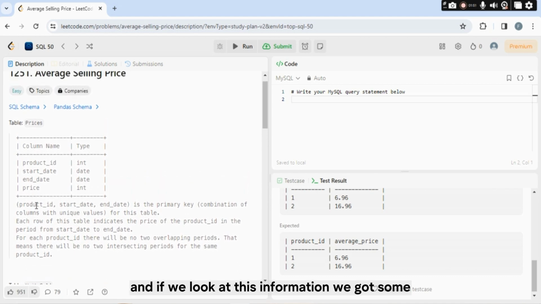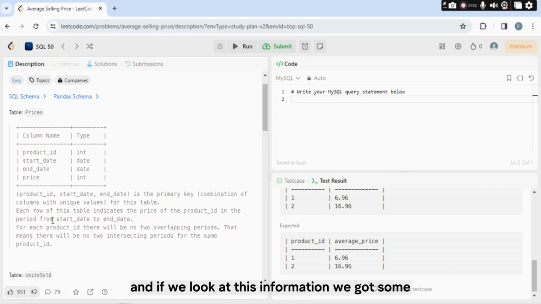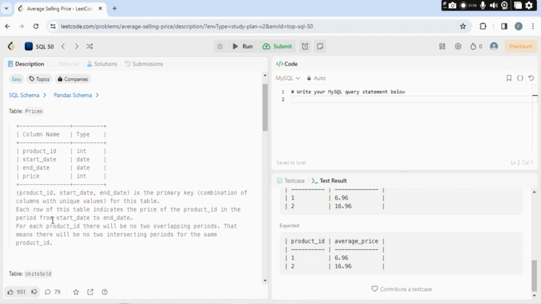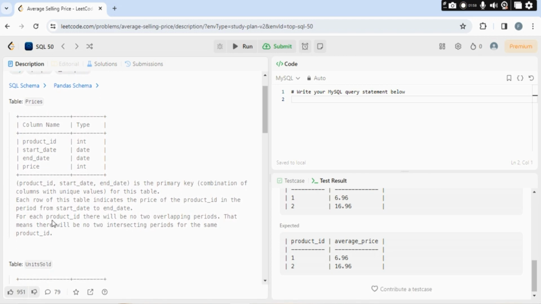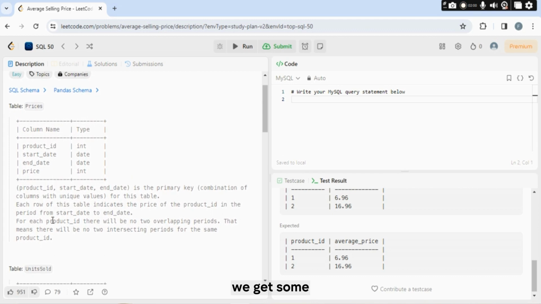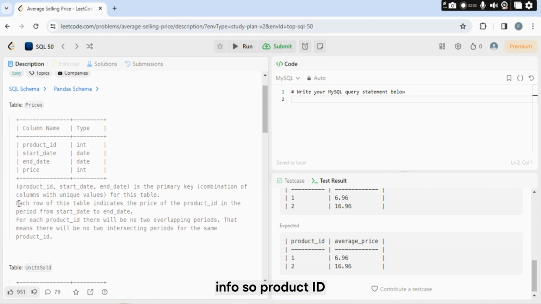And if we look at this information, we get some info. Product ID, start date, and end date form the primary key, a combination of columns with unique values for this table.